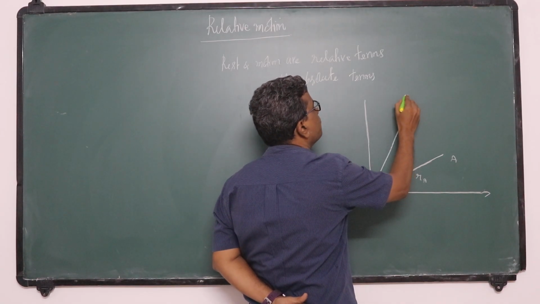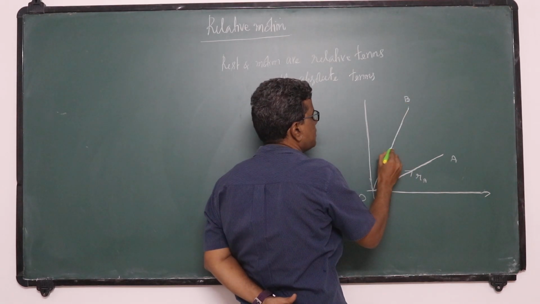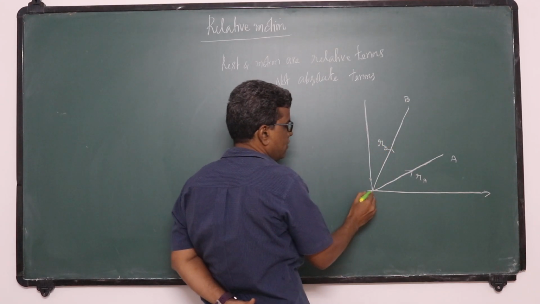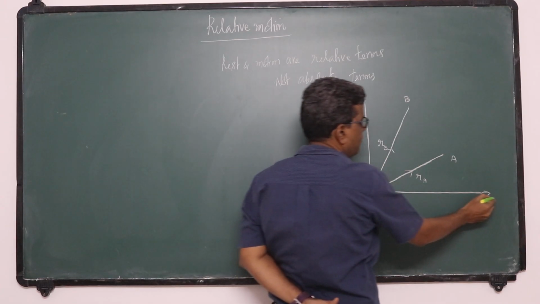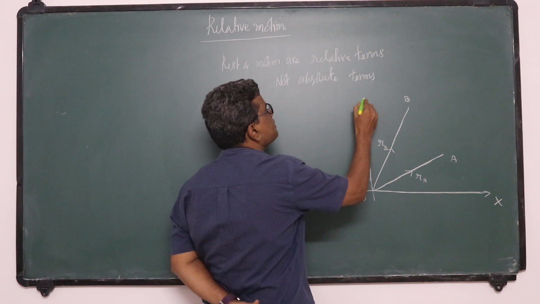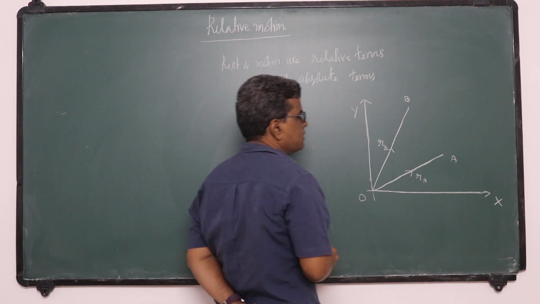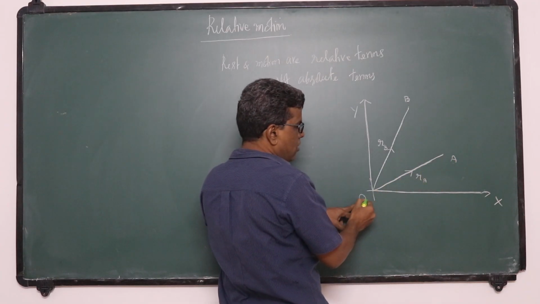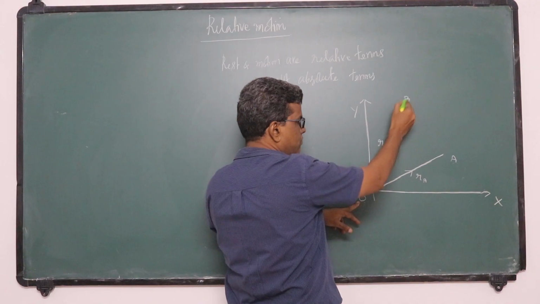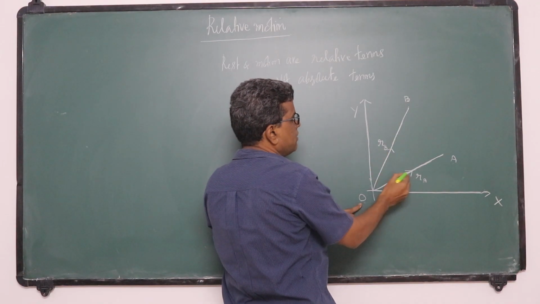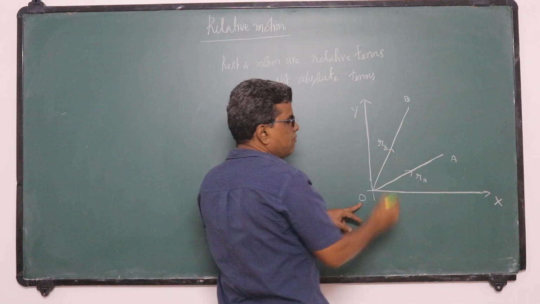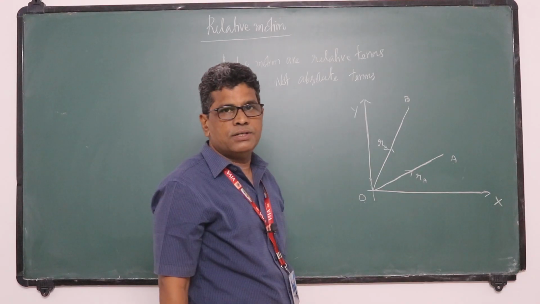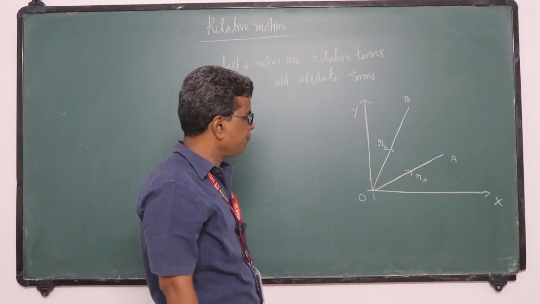So the second particle B, which is at position vector R suffix B, with respect to this frame of reference, that is x-axis and y-axis. That means we are saying this position of a particle with respect to this origin, position of the B with respect to origin, that is RB. These two RA and RB are called position vectors. As we studied, it indicates position of a particle.